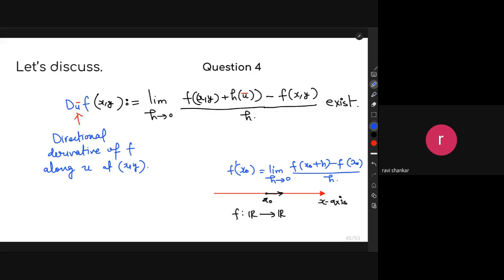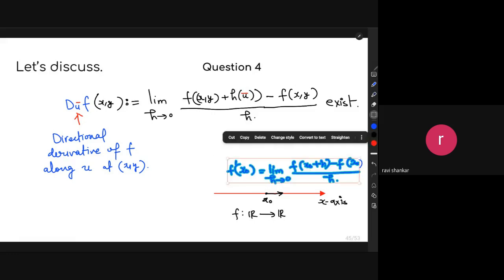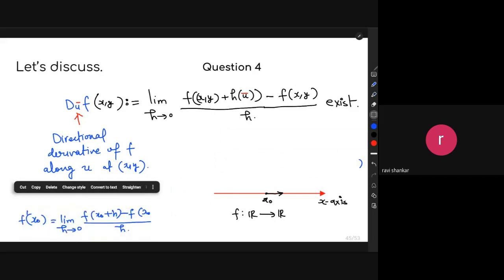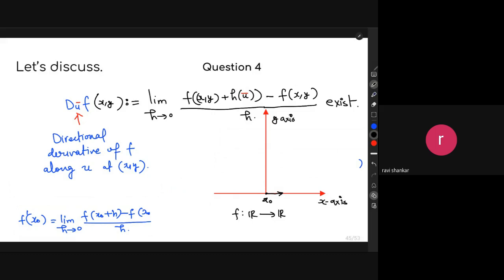Now if I make this a two variable function, let's say I add another dimension, I make a two-dimensional function. That means I'm adding another axis to it, calling this the y-axis, and your function now is a two variable function.